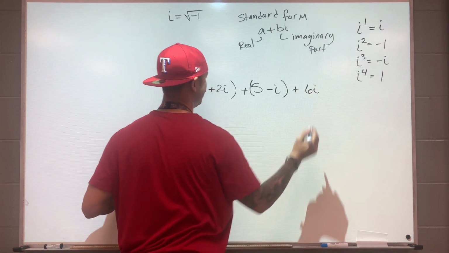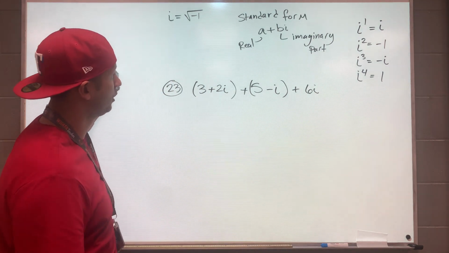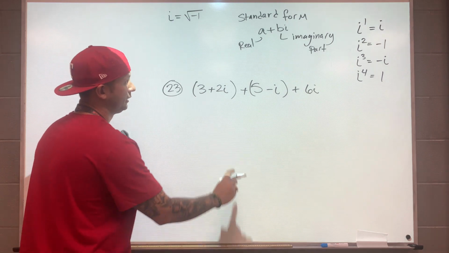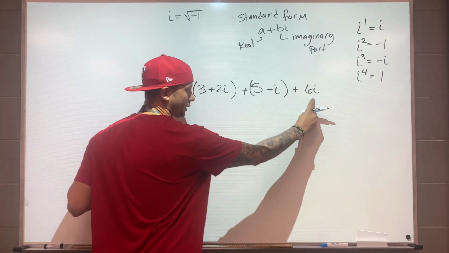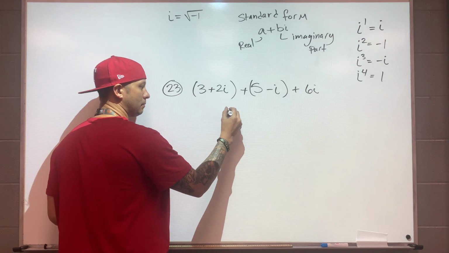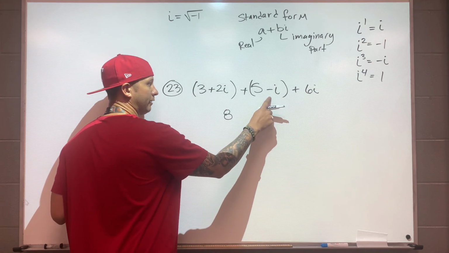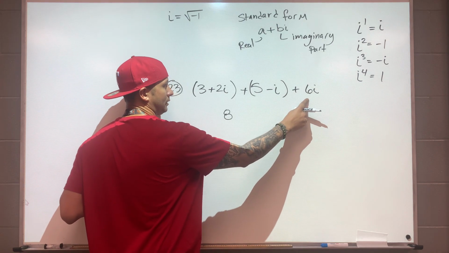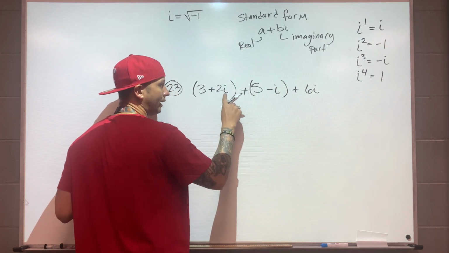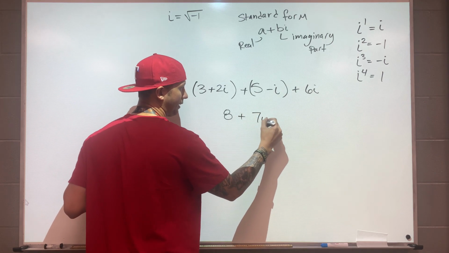Plus 6i. Okay, so we have three complex numbers. Again, they're all being added, so we're just combining like terms. The real parts, 3 and 5 make 8. The imaginary parts, 2, negative 1 plus 6. So 6 and 2 make 8. 8 minus 1 is 7. So 7i.